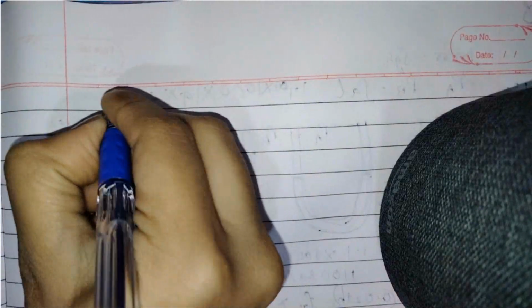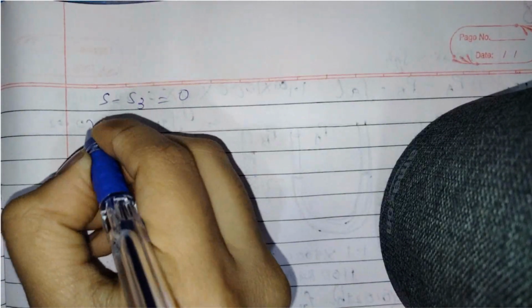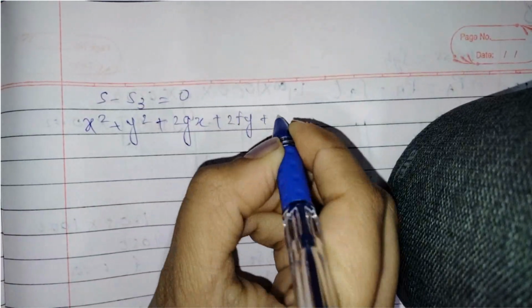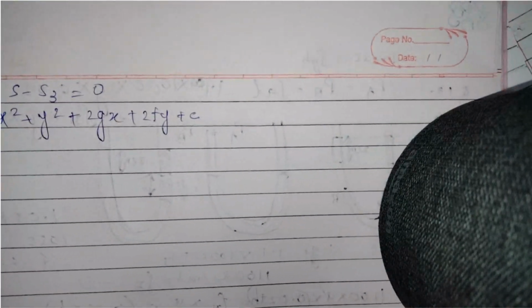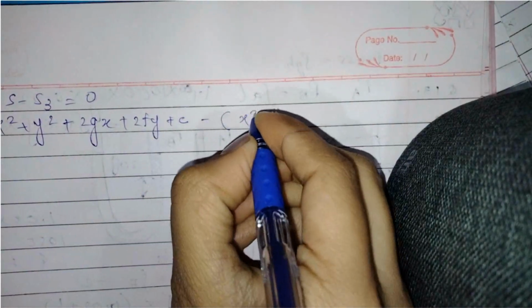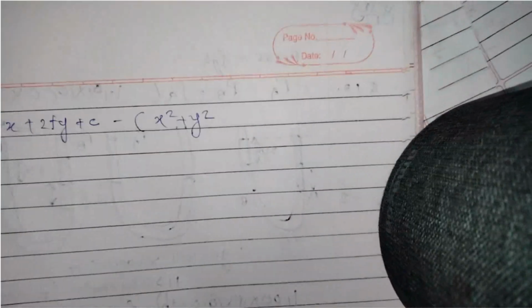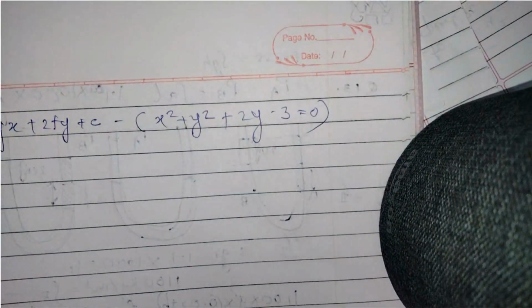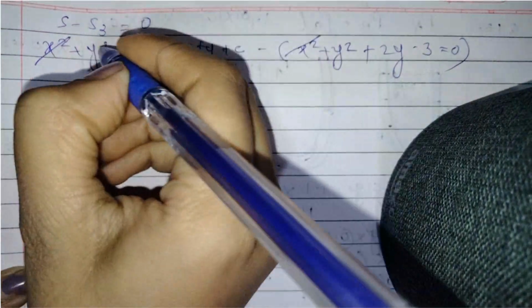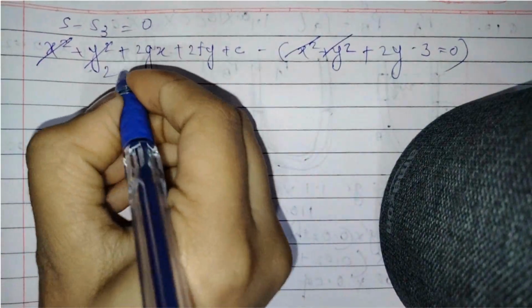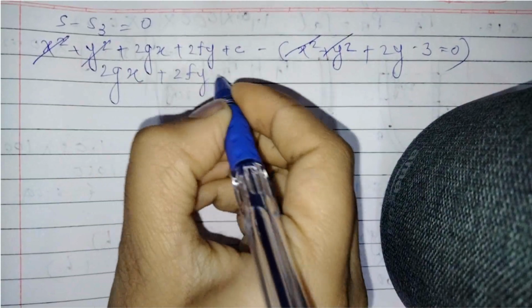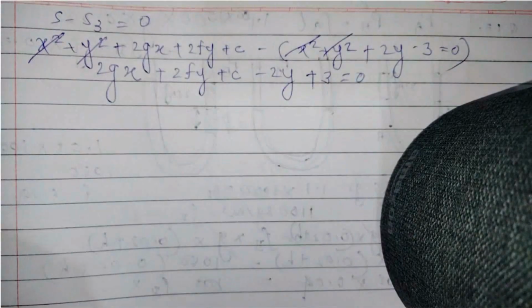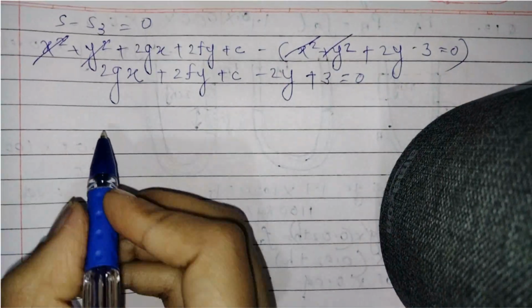So S minus S3 is equal to 0. Now substitute the coordinates of C3.